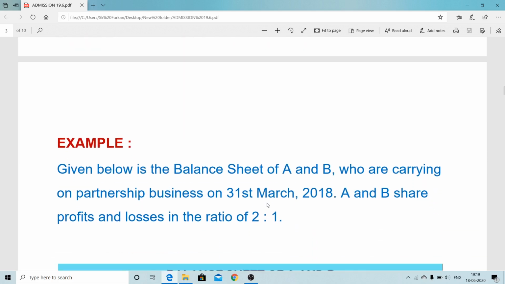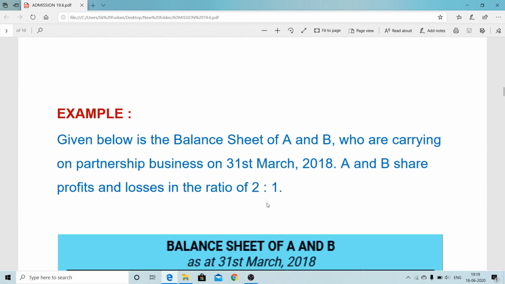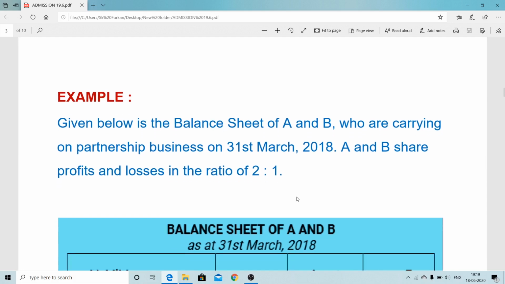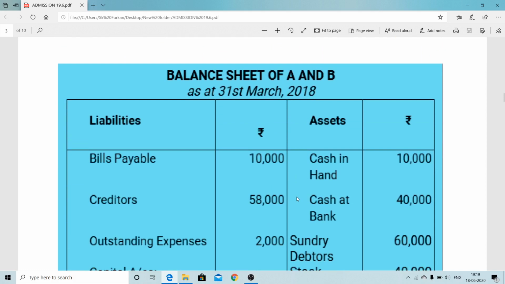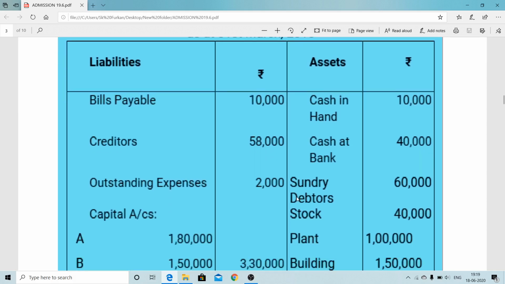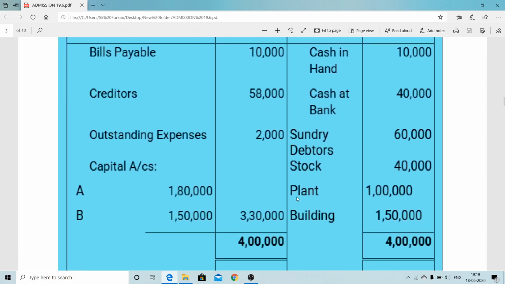Suppose A and B are partners. Their profit sharing ratio is 2:1, that is the old profit sharing ratio. Now that is their financial position: cash in hand, cash at bank, debtors, stock, plant, building. This is on the asset side, and total assets are 4 lakhs.